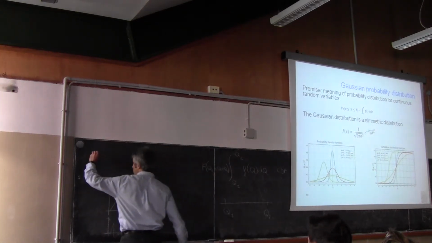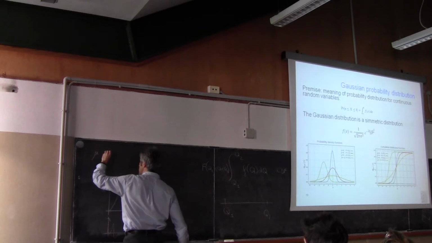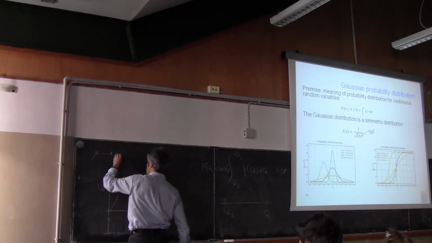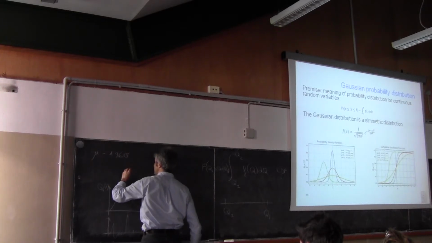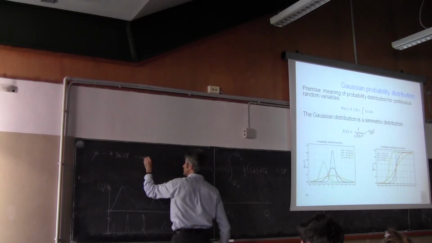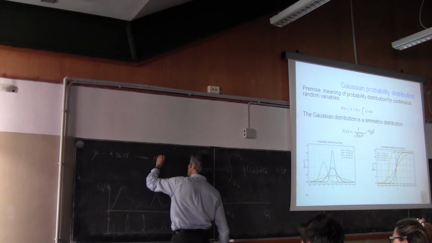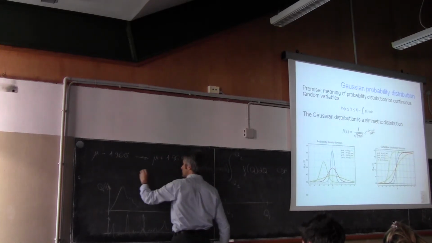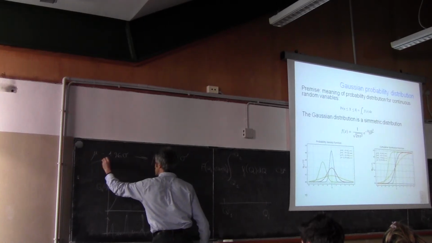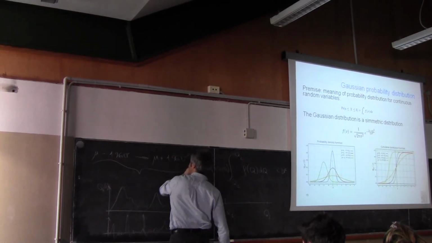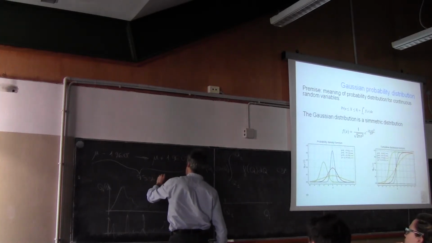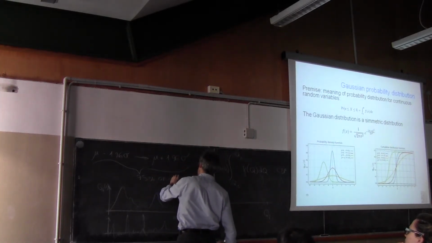And in particular, there is a proof that we take for true, which tells us that in the range given by E minus 1.96 sigma to E plus 1.96 sigma, you have 95% of observations.